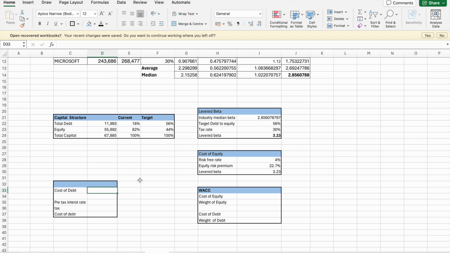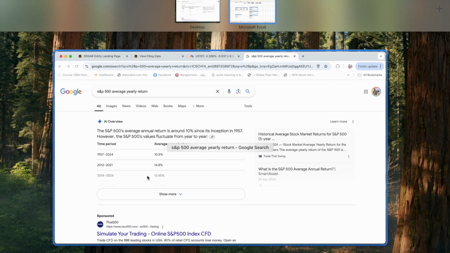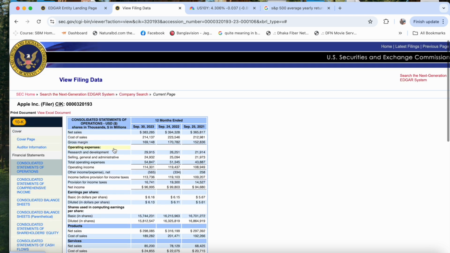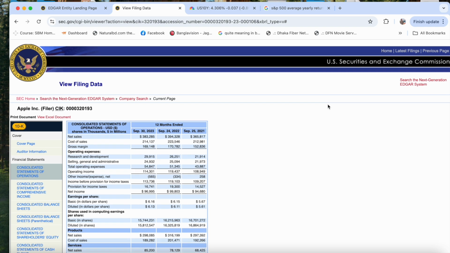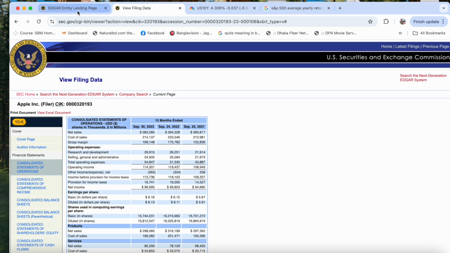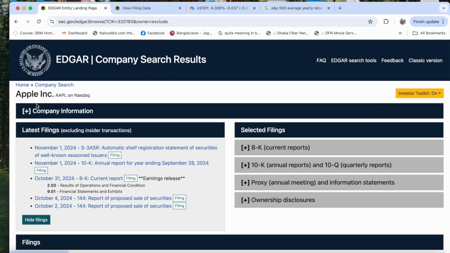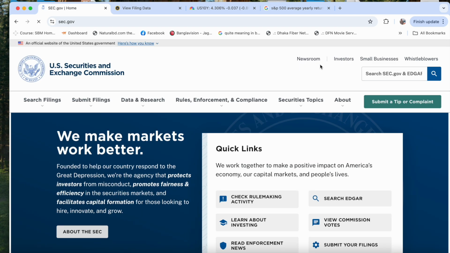Now cost of debt, simply the interest. So we are doing AMD, so we need to get the data for AMD, not Apple, sorry, my bad.